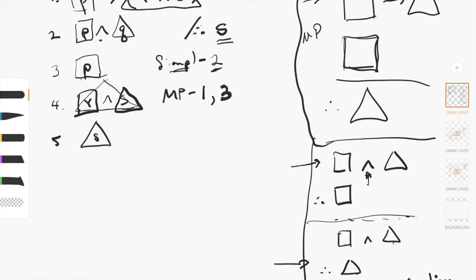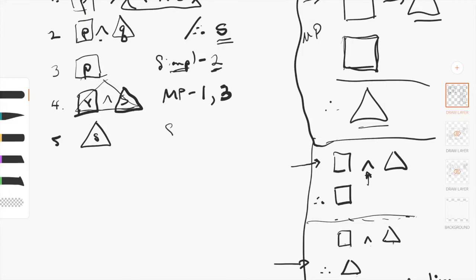Remember, R and S was the triangle from modus ponens, right? But once we have that on a line by itself, R and S, then it becomes free game to do other things to it, like apply simplification. So that's what we did.